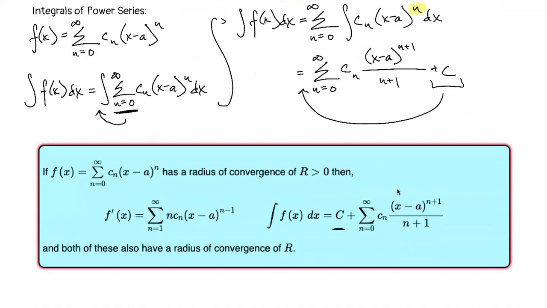A couple other things to recognize: the index changes for the derivative, but the index does not change for the integral. And these also have a radius of convergence equivalent to the original radius of convergence.